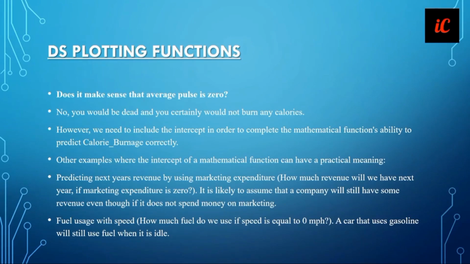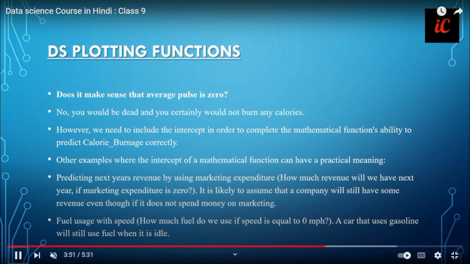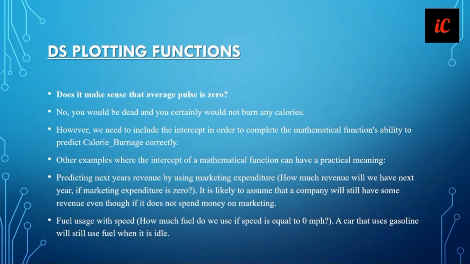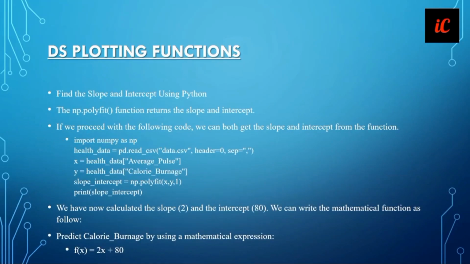So we have to give some values, then only will the average be found. Otherwise everything is 0, and nothing will be found. You have to give some value, then only this function will work and the calorie burnage will come out correctly. Okay, so predict next year's revenue by using the marketing expenditure. It works like that.